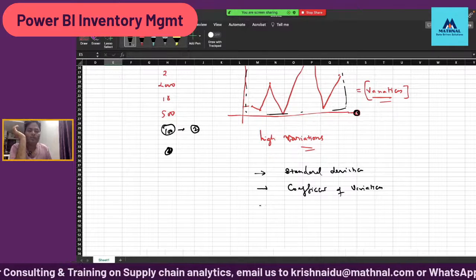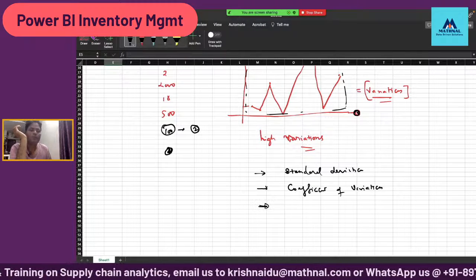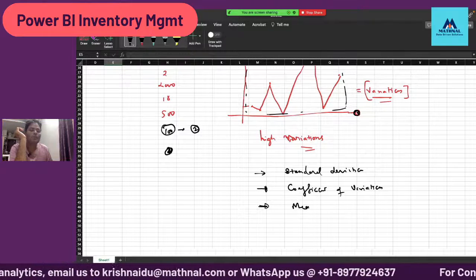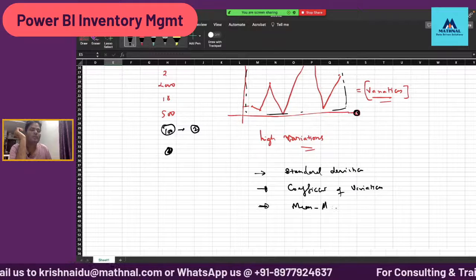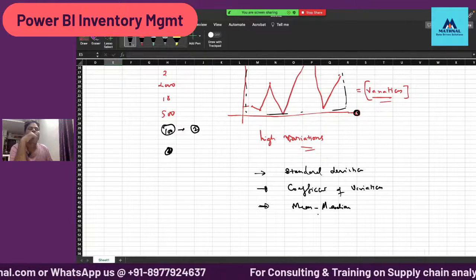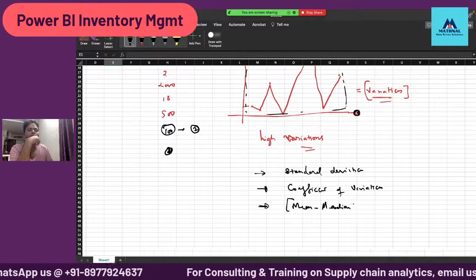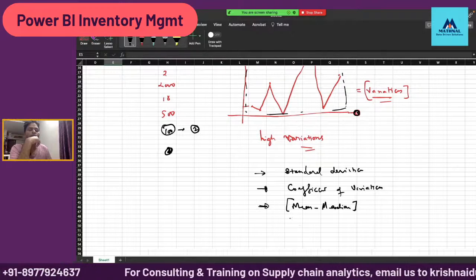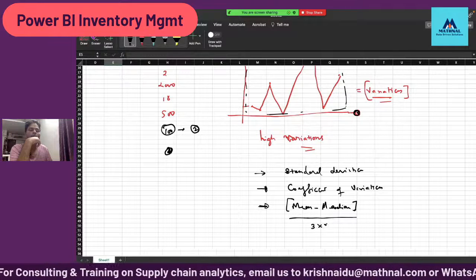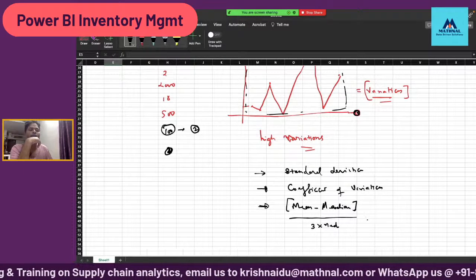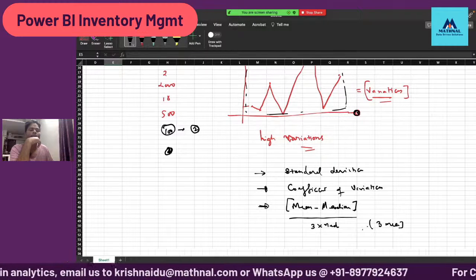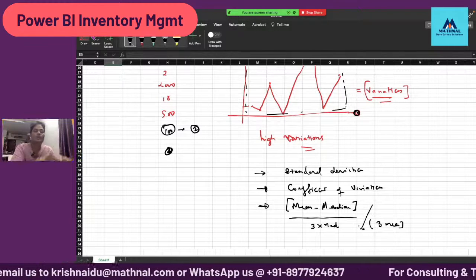There are many others, but these are the most popular. And third is mean minus mode, or mean minus median, or mean minus median divided by 3 into median, or mean minus median divided by 3 into mean. One of them we can use.